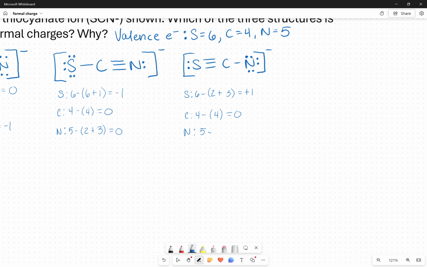So again, there's going to be a 0 charge on that carbon. Nitrogen, in this case, starts with 6 lone pair electrons plus 1/2 of the bonding electrons, which in this case there's only 1 bond, so 2 bonding electrons, so 1 contribution. And subtracting 7 from 5, we end up with a -2 charge.